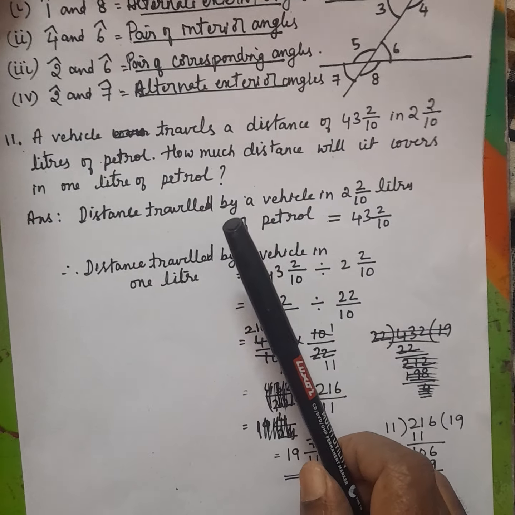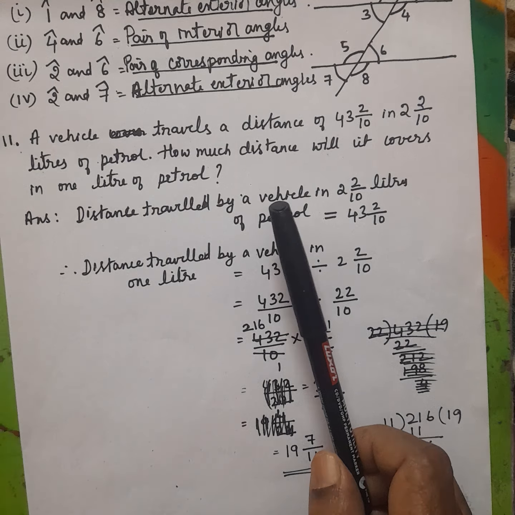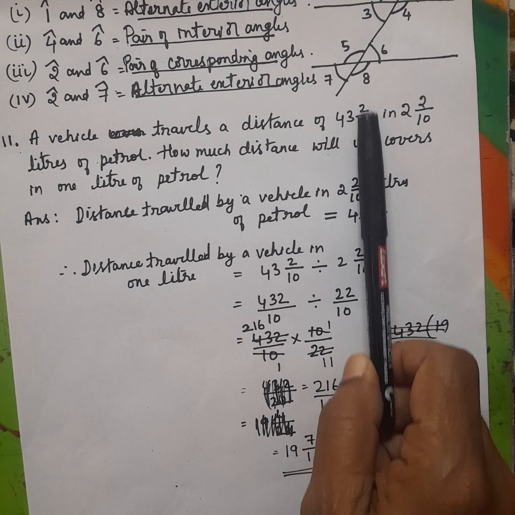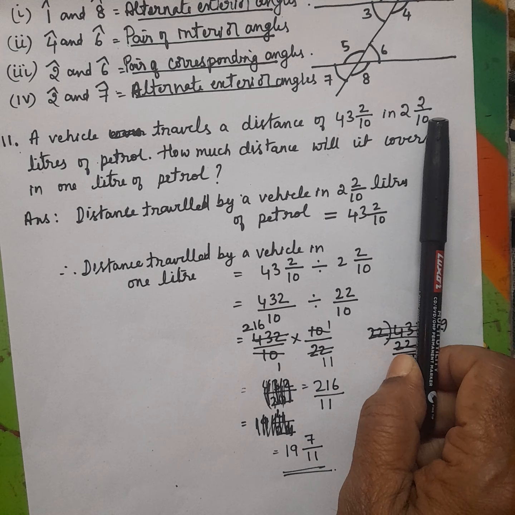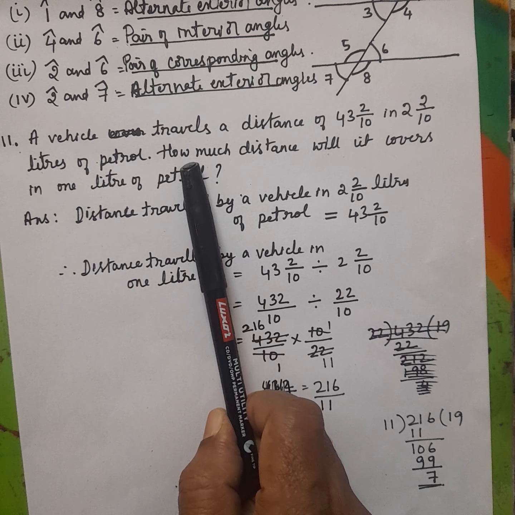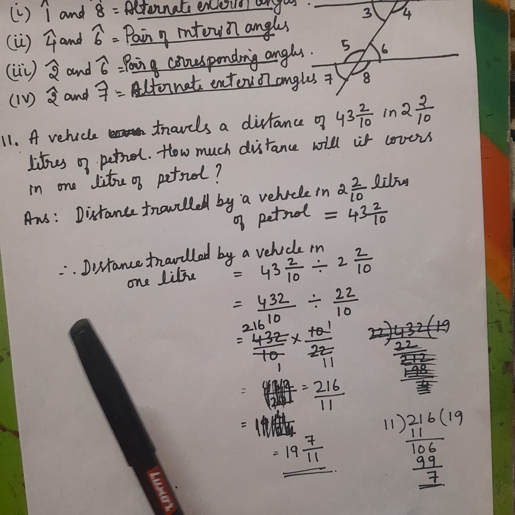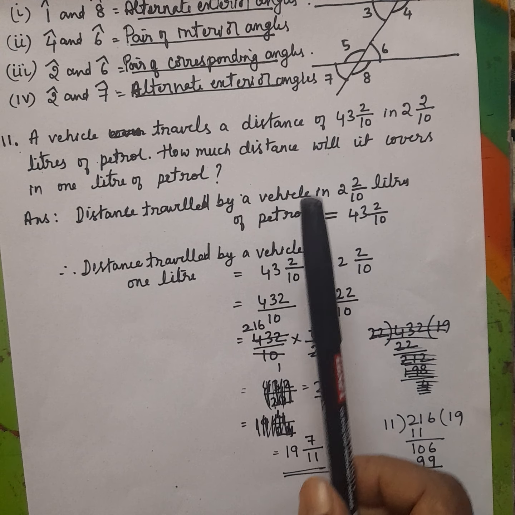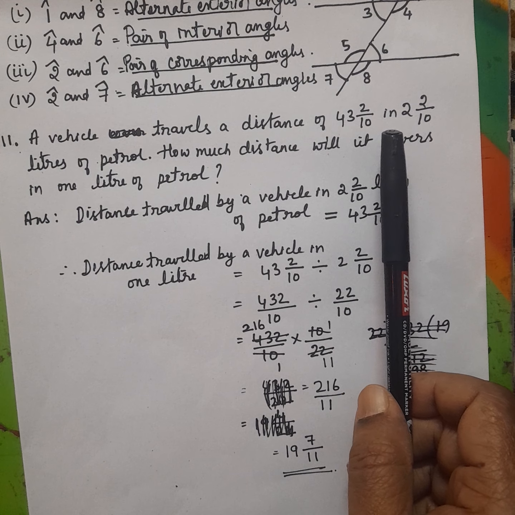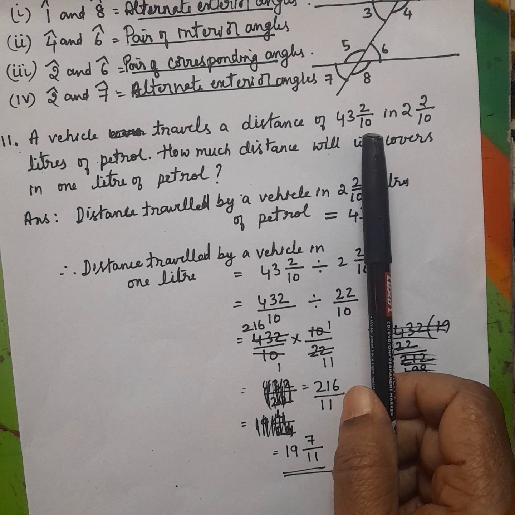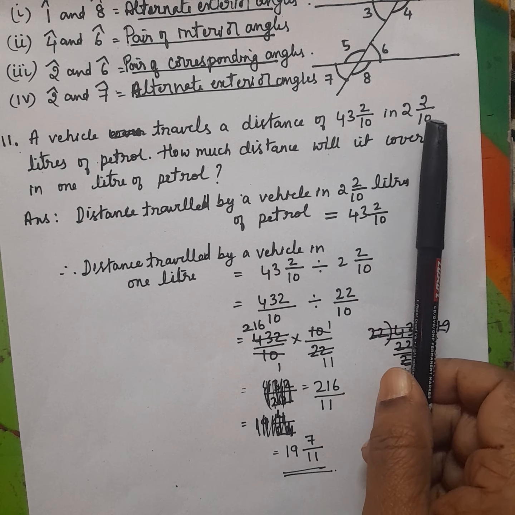Now let's go to the next question. A vehicle travels a distance of 43 2/10 in 2/10 liters of petrol. How much distance will it cover in 1 liter of petrol? The question is simple, but you may think that it's very complicated as mixed fractions are given.